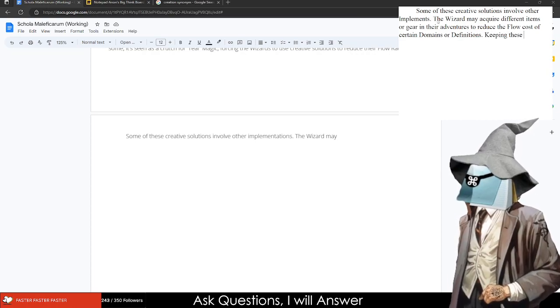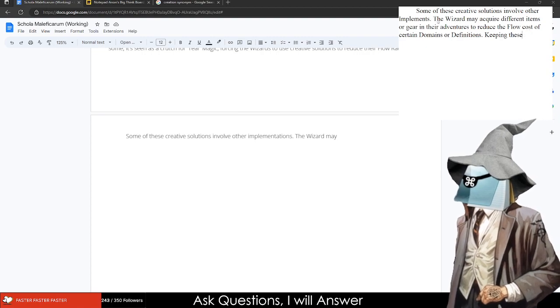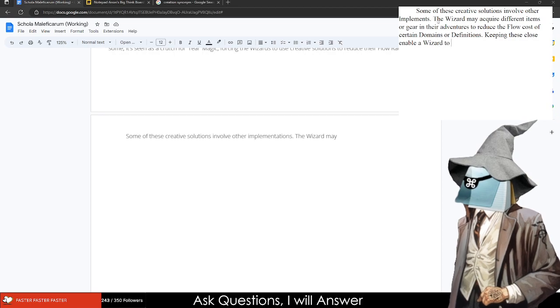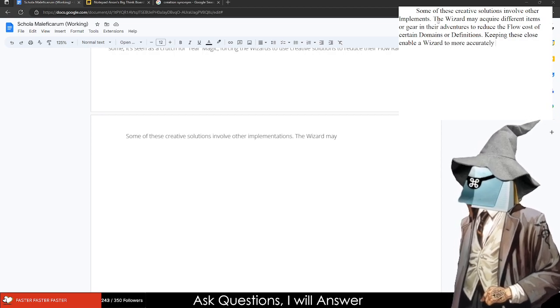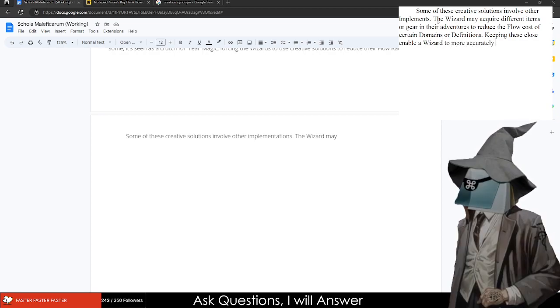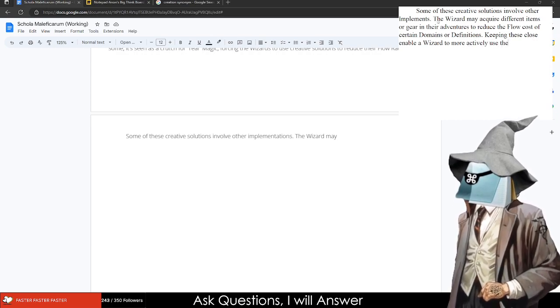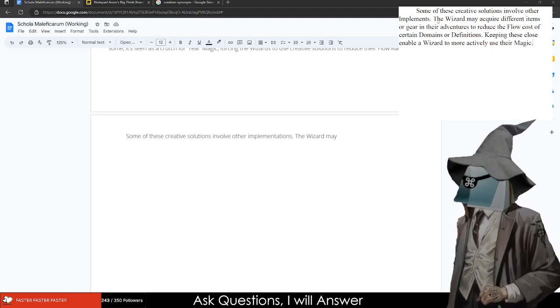Keeping these close enables a wizard to more actively use magic.